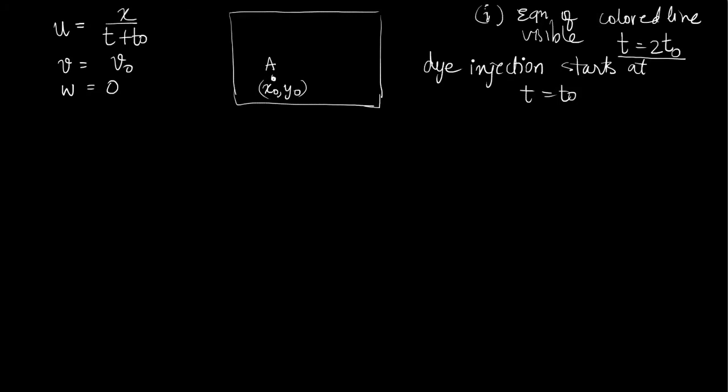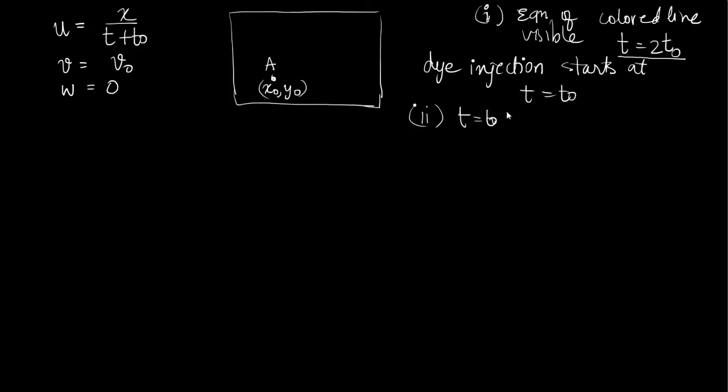So essentially question 1 is asking what is the equation of the streak line, and the second question is what is the locus of a single fluid particle that passes through point A at t equal to t naught.